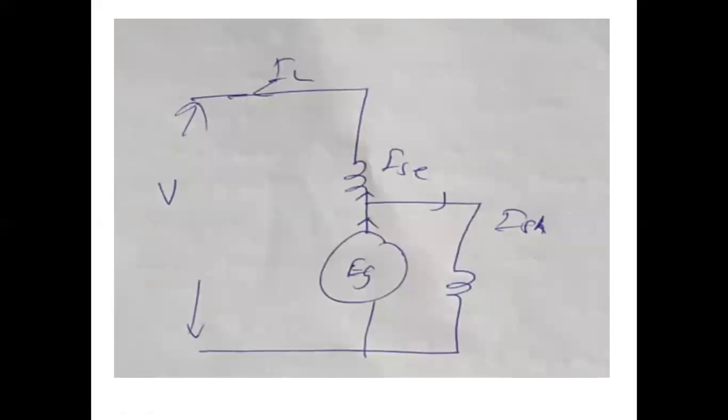Then we have to determine the armature drop. The armature drop is the product of armature current and armature resistance. How do we determine the armature current? You can see the armature current is coming out of the armature, so armature current is nothing but shunt field current plus load current, right?